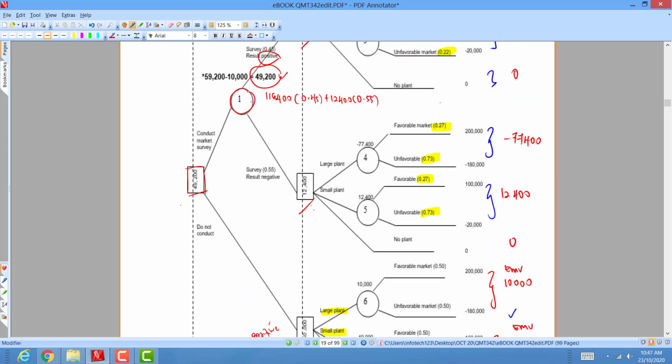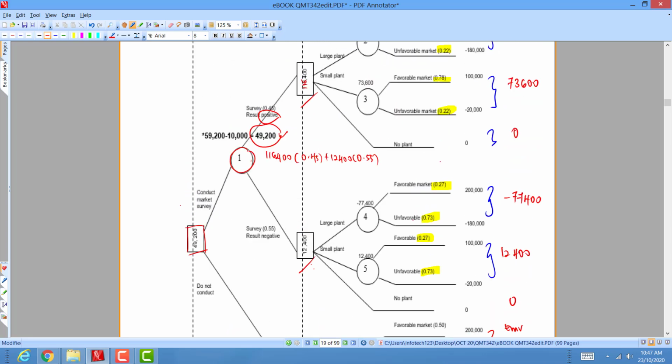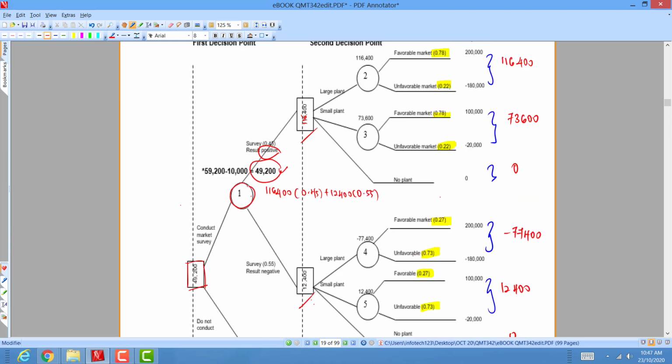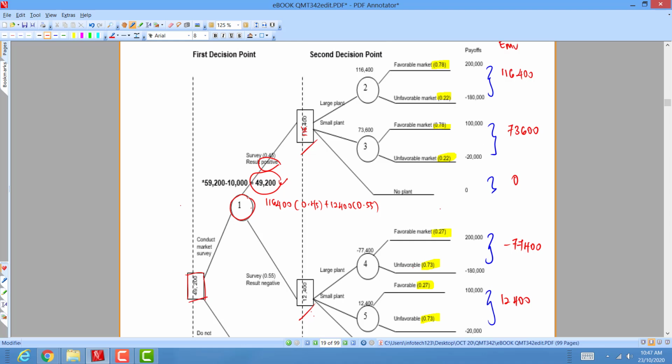When you conduct the survey, you have two options, whether the market result is positive or negative. If positive, you should construct a large plant, but if negative, you should construct a small plant.